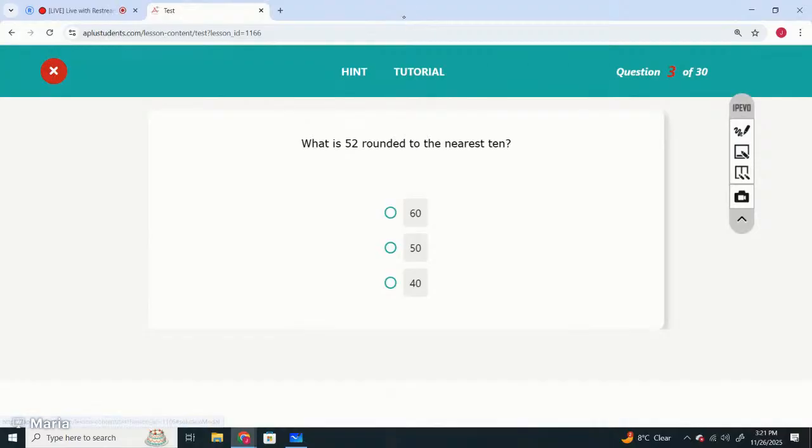What is 52 rounded to the nearest 10? So which is the correct option?